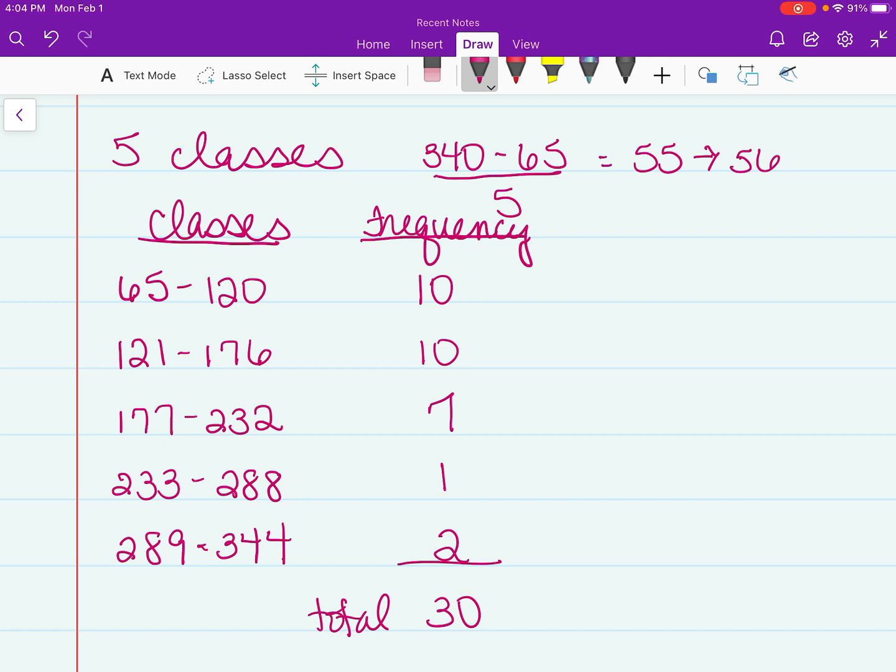In addition to a frequency distribution table, we can have something called a relative frequency.